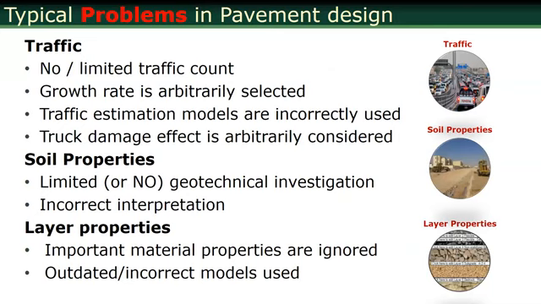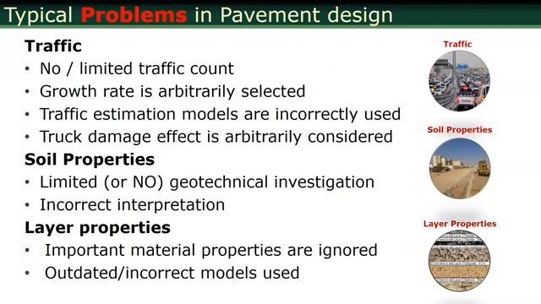Truck damage effect is arbitrarily considered. Truck factor was also very, very common. If you have data like WIM data, you have to calculate the truck factor based on WIM data.